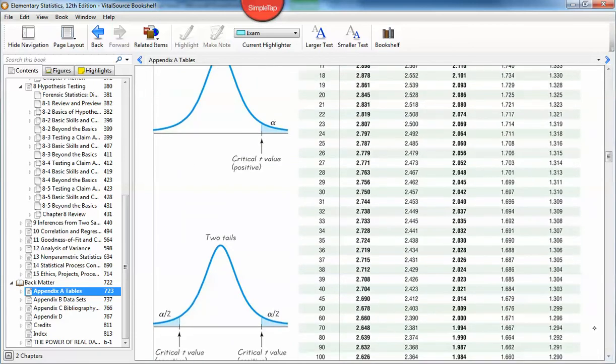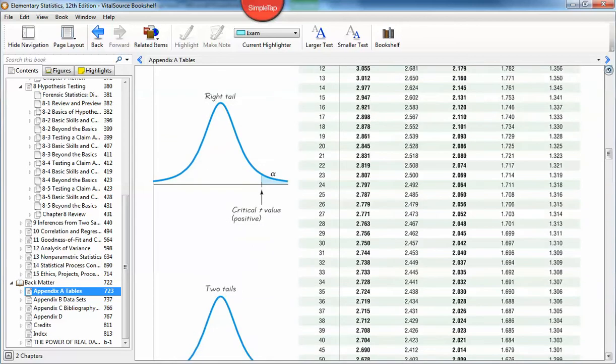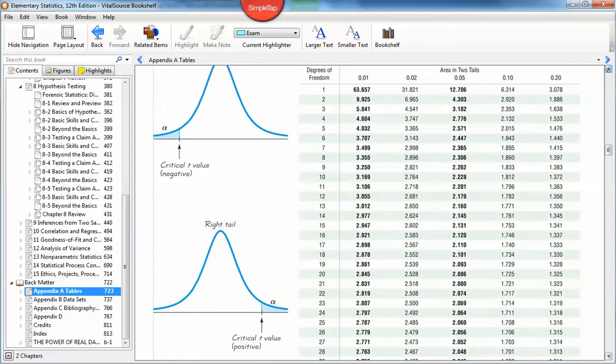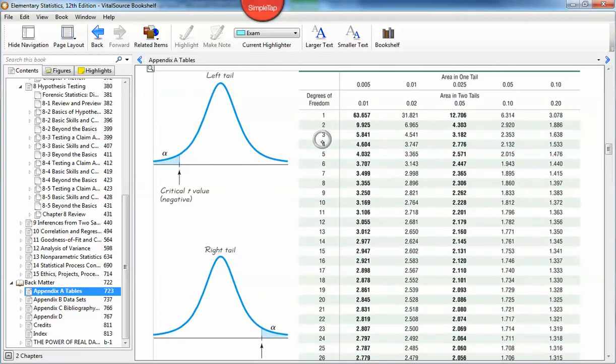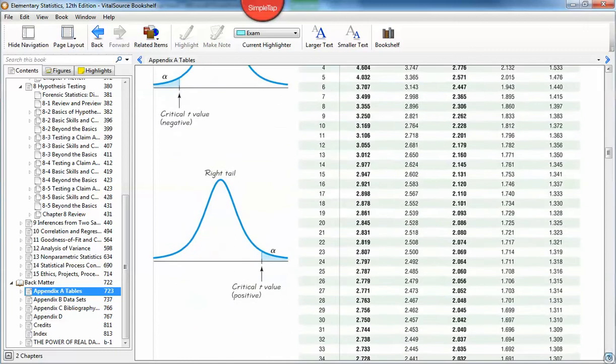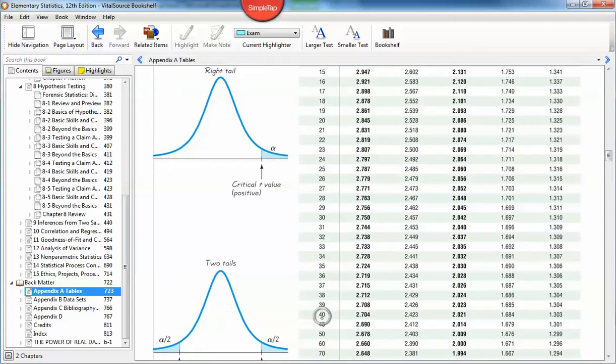Now, notice this left column here. We have our degrees of freedom, and it goes up by 1 until we get to 40. Then we go 45, and then there's 50, 60, 70. So if you have degrees of freedom around these numbers, just pick the one that it's the closest to. Okay?